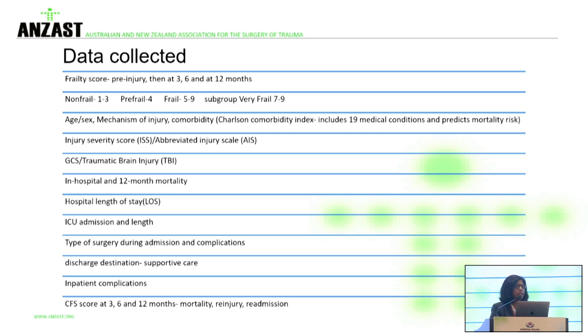And also we looked at the injury severity score, abbreviated injury scale, GCS, traumatic brain injury, in-hospital and 12-month mortality, hospital length of stay, ICU admission length, type of surgery during admission and complications, discharge destination, and inpatient complications. And we looked at re-injury and readmissions to the hospital at 3, 6, and 12 months as well.